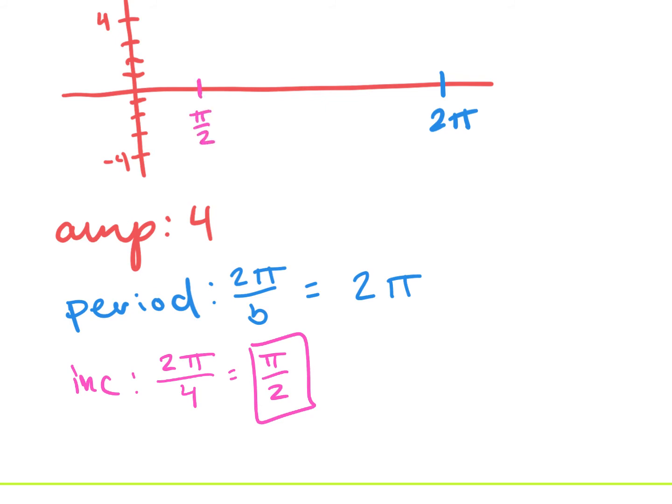And then we just keep adding pi over 2 until we get to 2 pi. So pi over 2 plus pi over 2 would be what? So we add the tops together. Pi plus pi is 2 pi. You're right. And then the bottom stays the same, so 2. So it would just be pi.